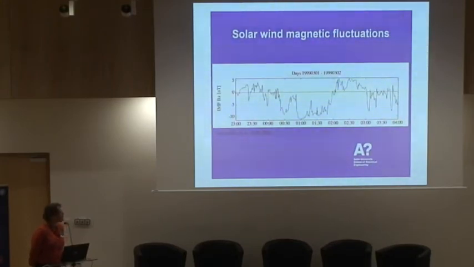So this is one example of the IMF Bz variability. The interplanetary magnetic field varies in many different time scales, from seconds and minutes to years and solar cycles. And this is the variability within a few hours. Typically, it is very well known that when the IMF Bz component is opposite to the terrestrial magnetic field, then we need to be concerned within the magnetosphere.